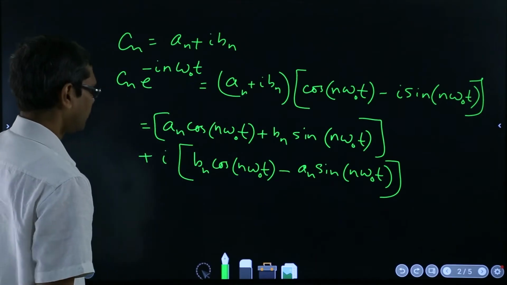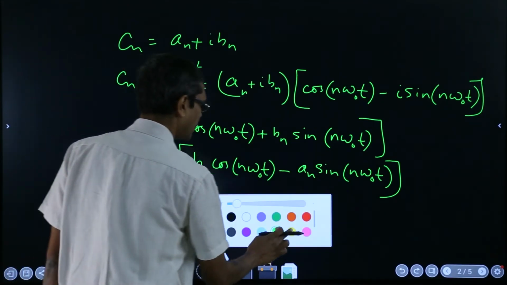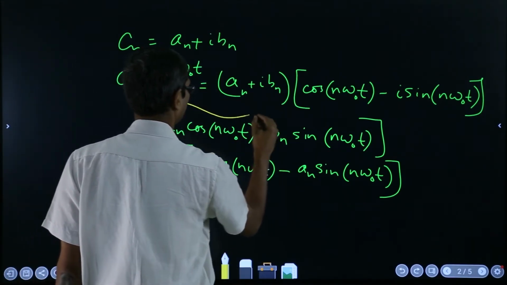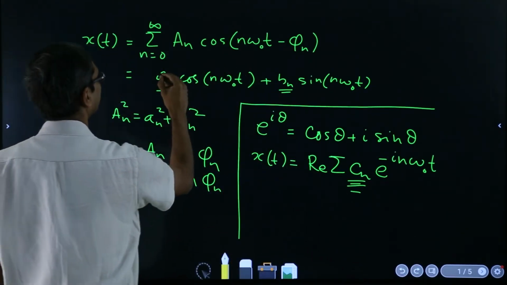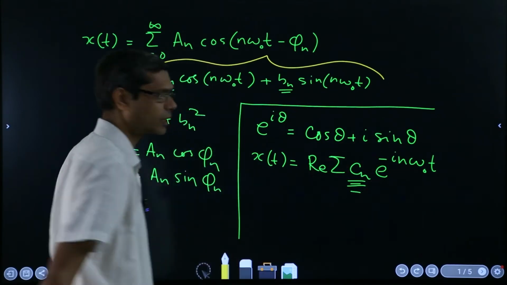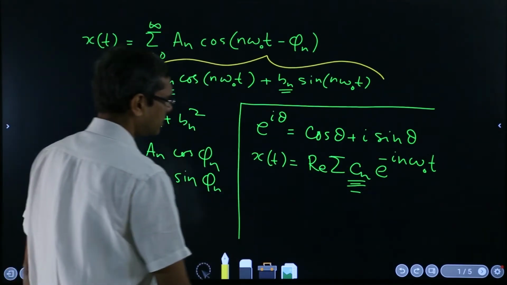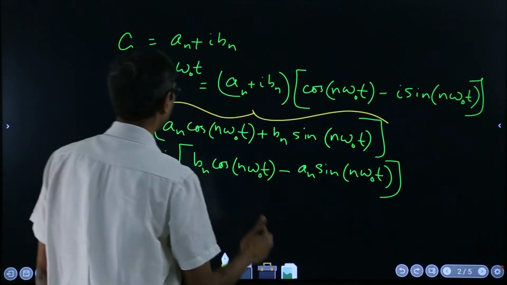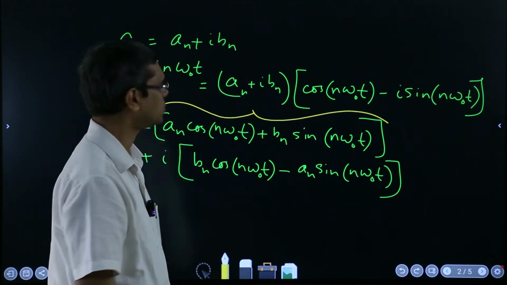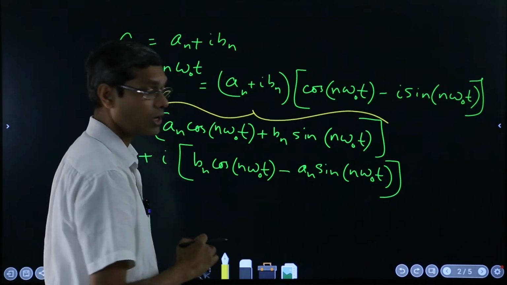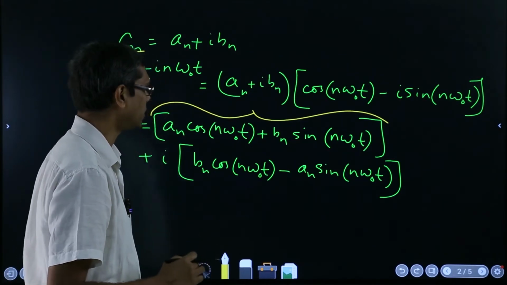Okay. Now, see this real part of this expression, is it not equal to this thing? Okay. So, that is the meaning of saying that Cn, the variable which is used there, should be a complex number. It is very important to observe that.